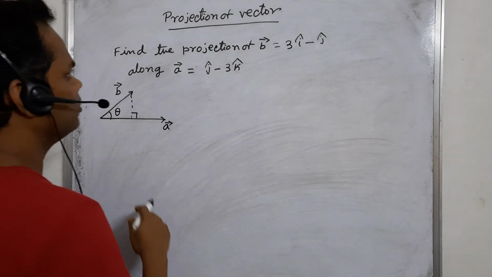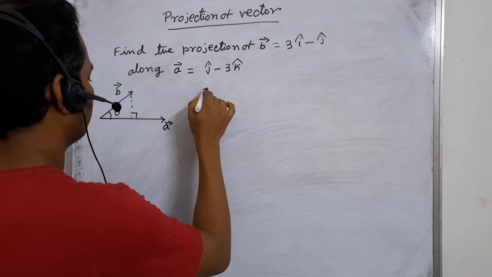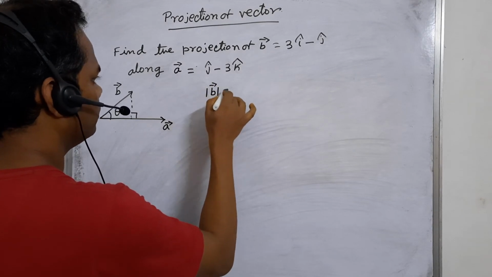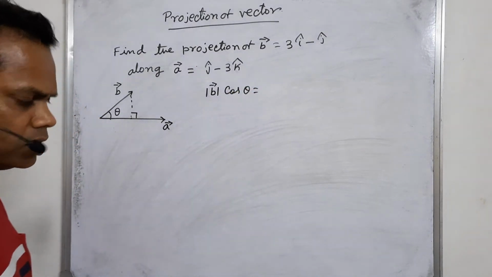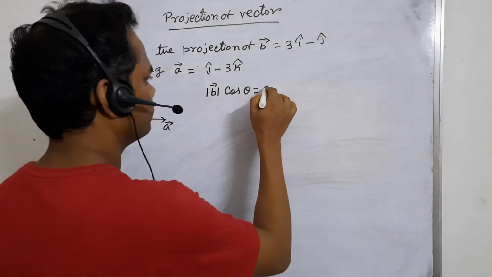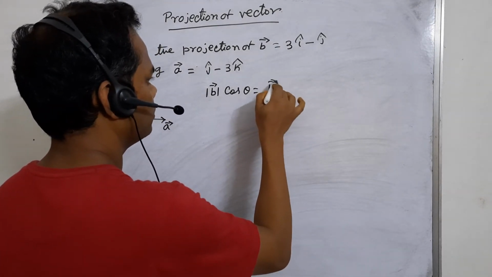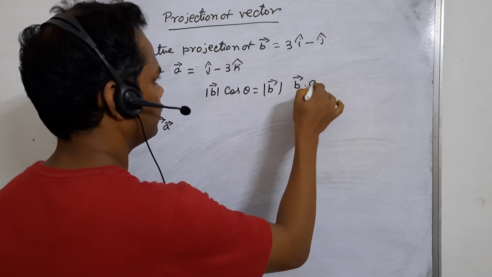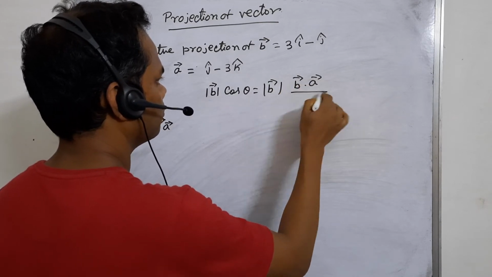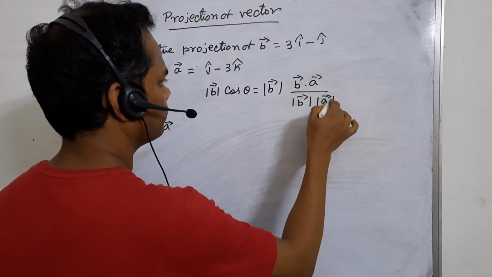So the projection of b along a is modulus of b vector cos theta. Now cos theta is b vector dot a vector by mod b mod a.